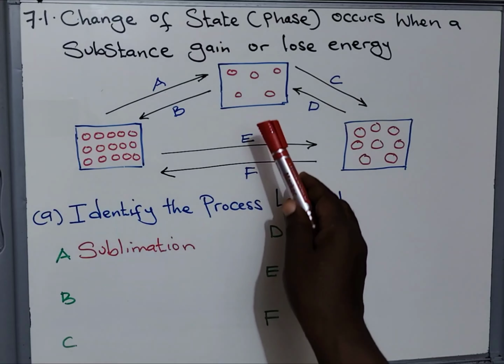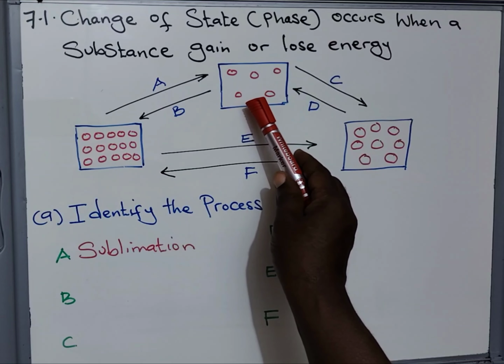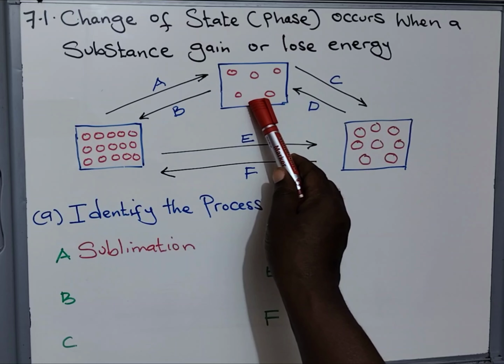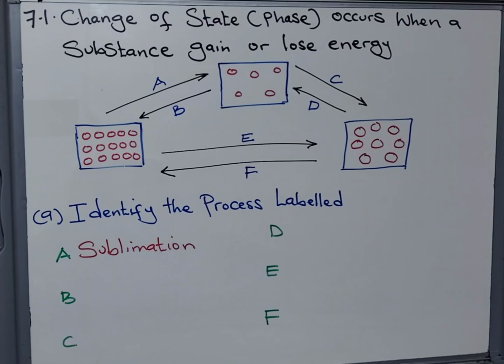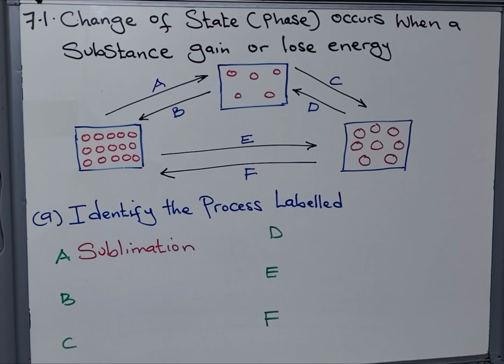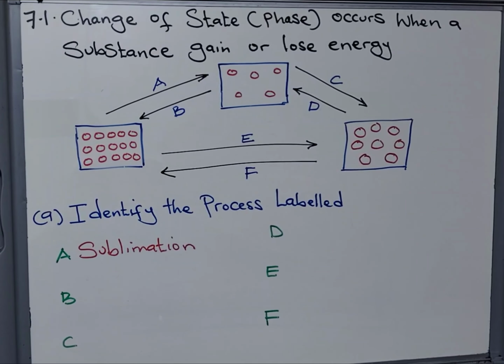B is the change from gas to a solid. At times, it's possible for a gas to change directly to a solid. So what do you call that process?